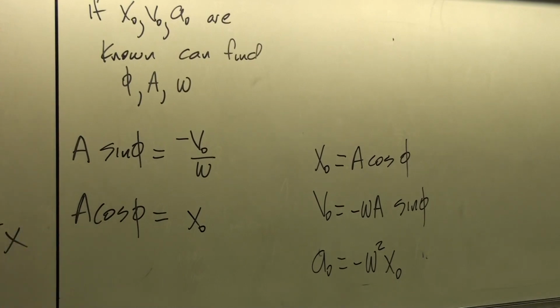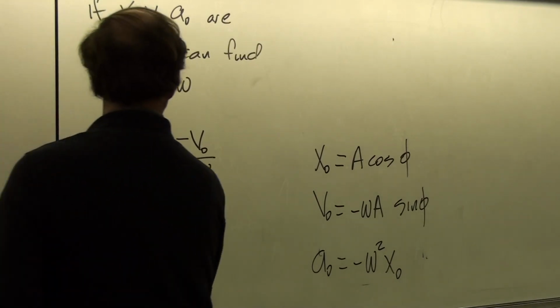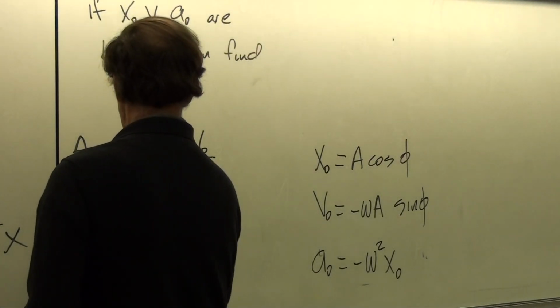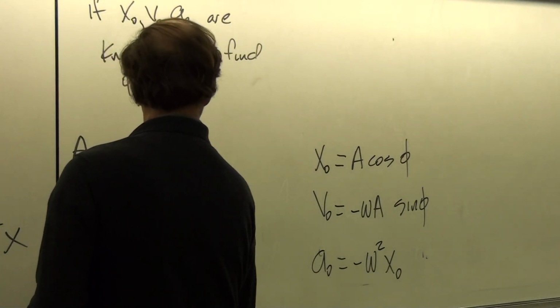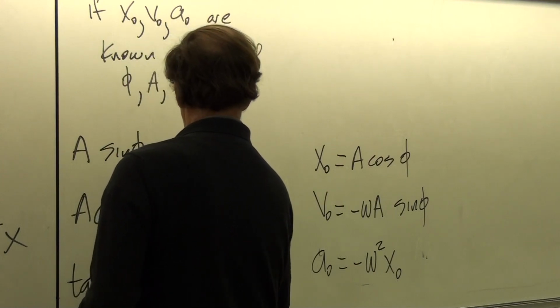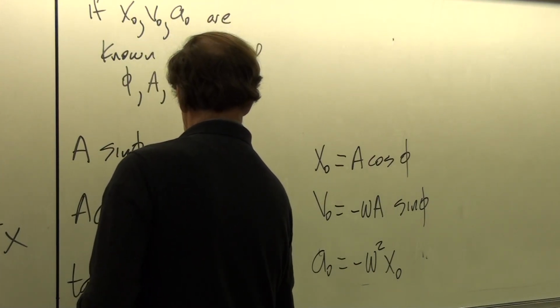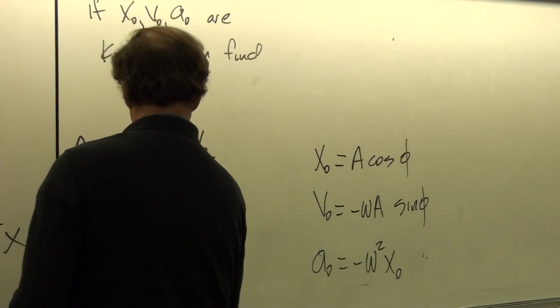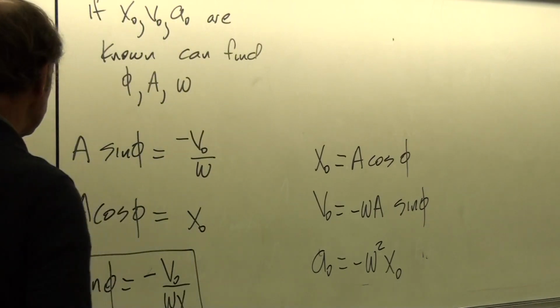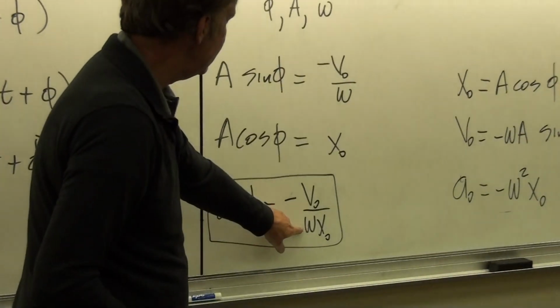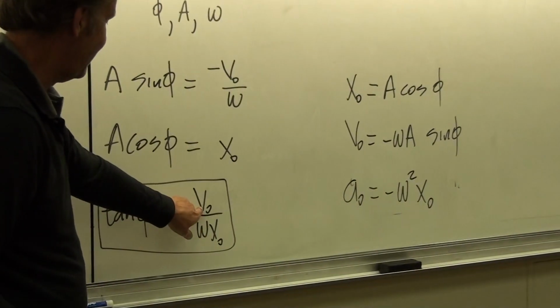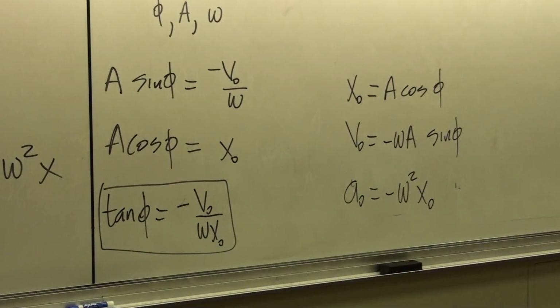So if I divide one equation by the other, I get the tangent of phi is equal to minus v naught over omega x naught. Okay, so that gives me phi if I know omega. But we do know v naught and x naught.